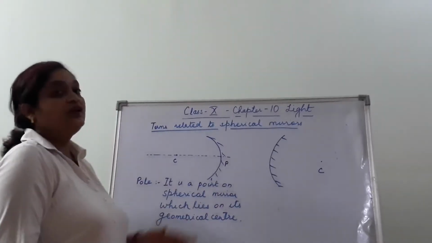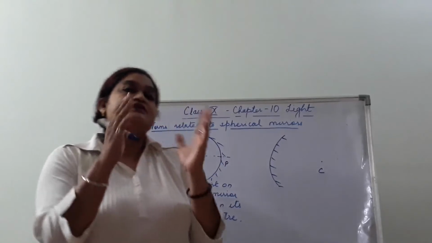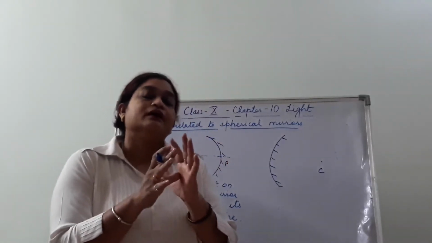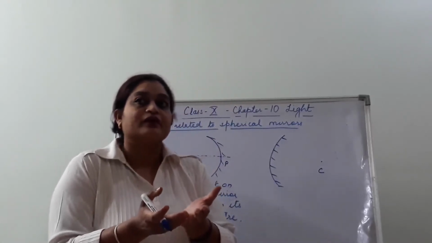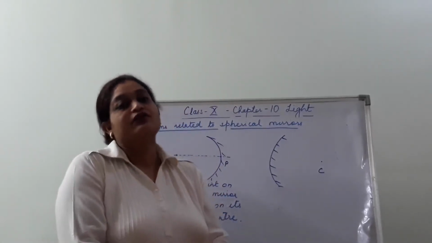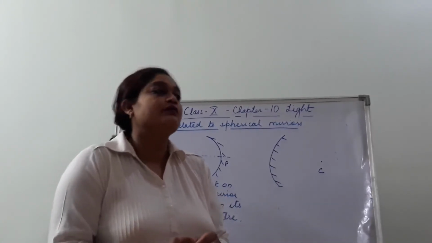A spherical mirror is shaped just like a saucer or a plate, and the center of that saucer or plate is just like the pole of the mirror.